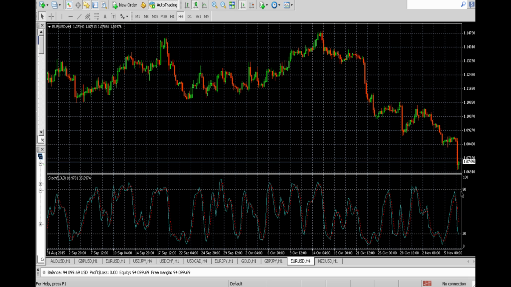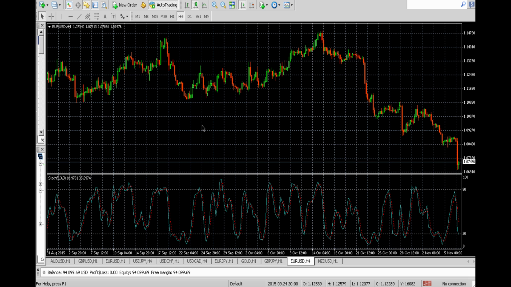However, in a strong uptrend, this can last for a little while, but as you can see, for most of the time, once it reaches the overbought condition, it doesn't last up there very long. The oscillator tends to move back down.